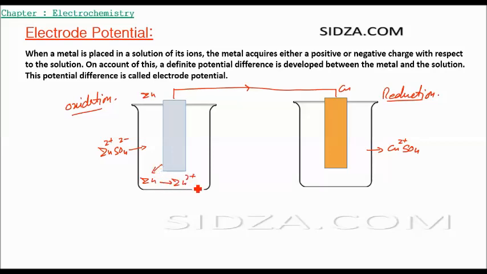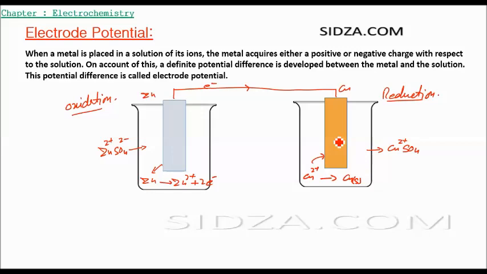So the reaction is like this: zinc changes into zinc ions, and the electrons flow through the wire towards the copper, where the copper ions gain the electrons to form solid copper. When zinc loses electrons, we can say zinc has a high tendency to lose electrons in comparison to the copper.